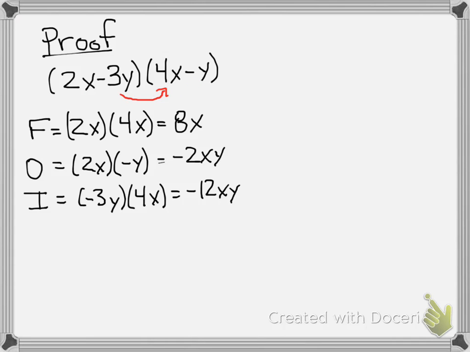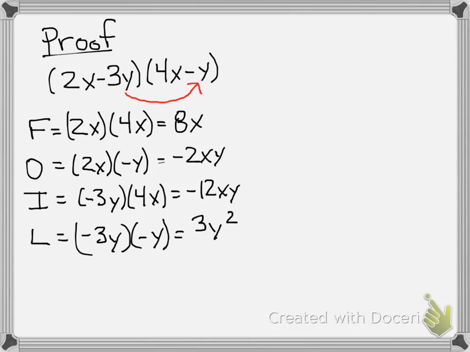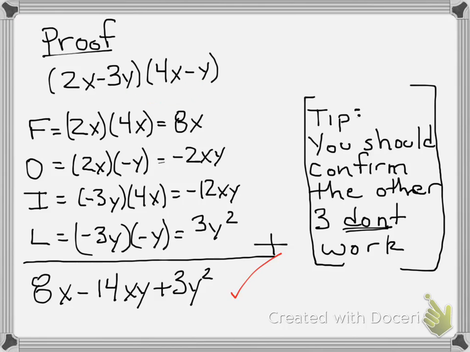Our inside term is negative 3y times positive 4x, which gives us negative 12xy. And then our last term, which is negative 3y times negative y, which gives us positive 3y squared. We add these all up, and we get 8x squared minus 14xy plus 3y squared, which is exactly the answer that we were looking for.